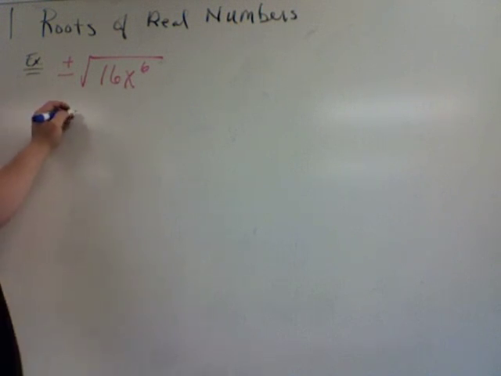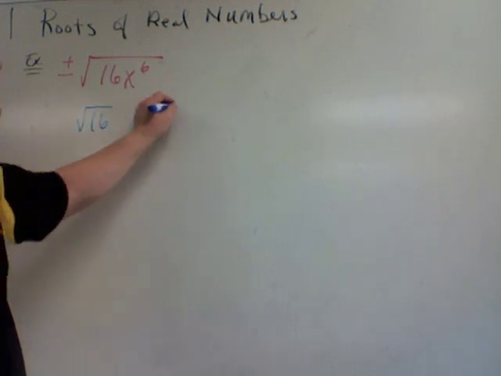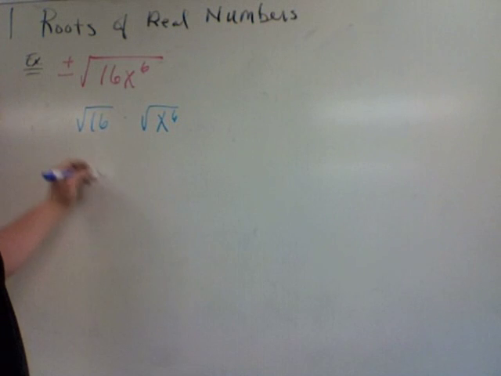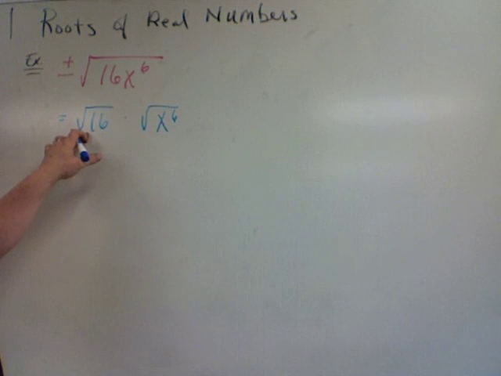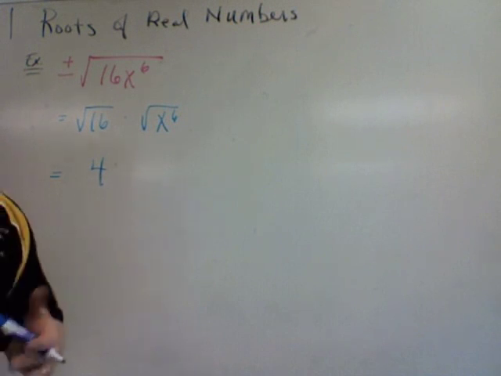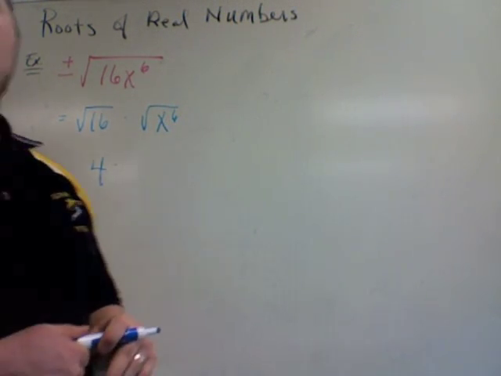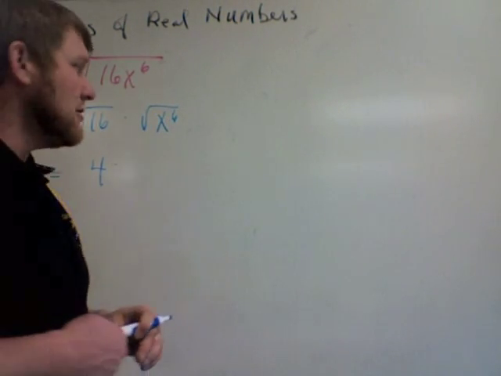The square root of 16 is 4. And then this is where we're going to start getting a little confusion, I think: the square root of x to the 6th. Anybody have any suggestions on what that would be? Yeah, Brandon? X cubed.